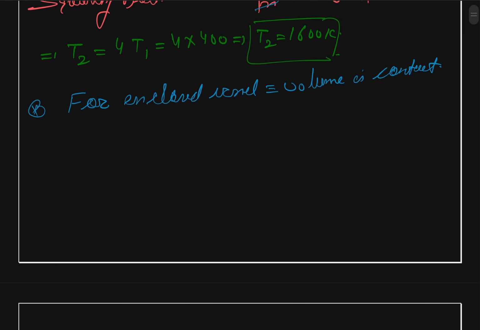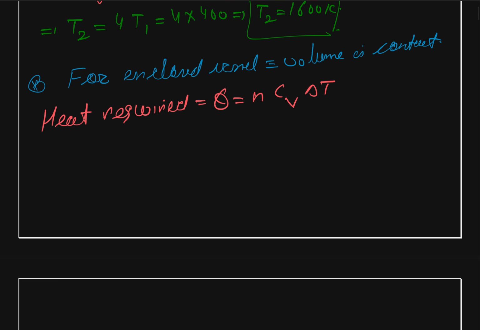Therefore we can use the formula that our heat required will be equal to Q is equal to n C of V multiplied by delta T, and n is our number of moles which we can find out.